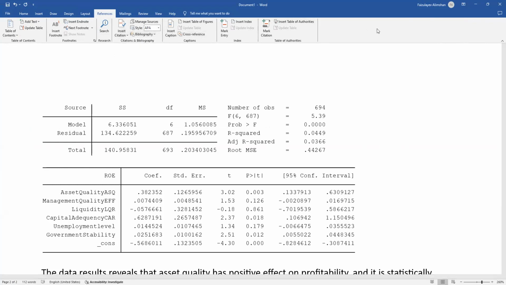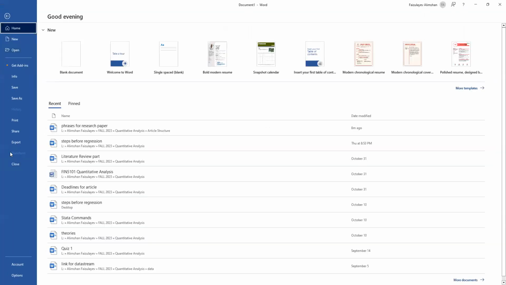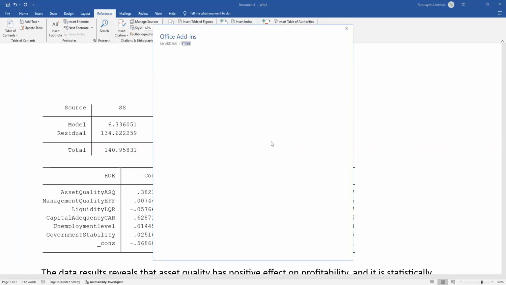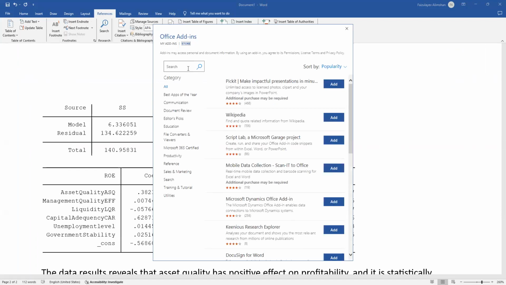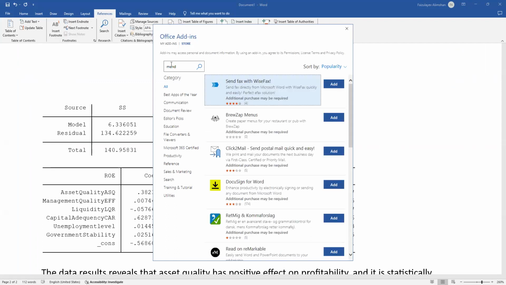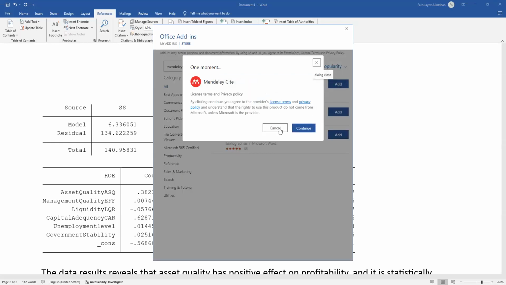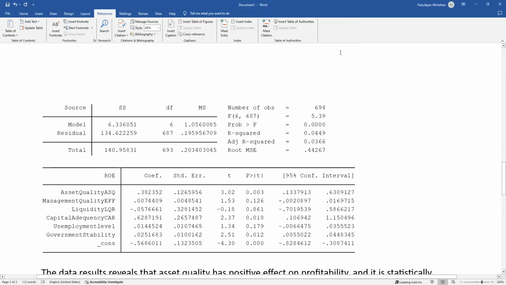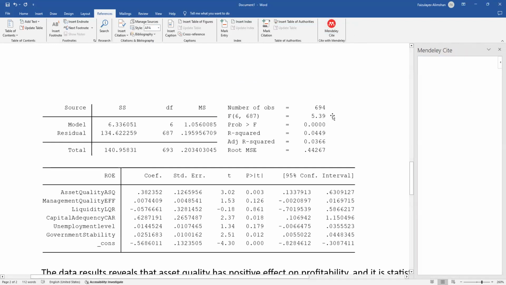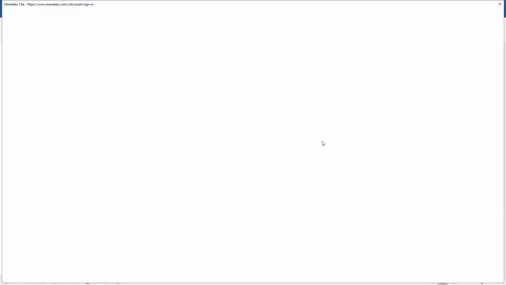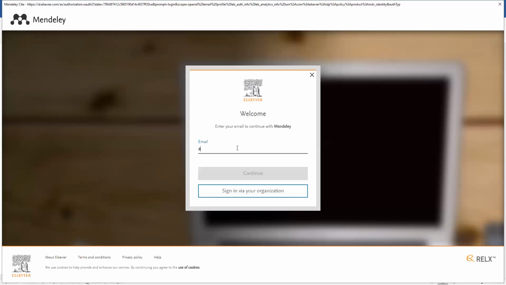It should be here. Add-ins. So it will be installed here. It's done. Get started. So it will ask me to sign in. I'm just going to illustrate to you to make your life easier.